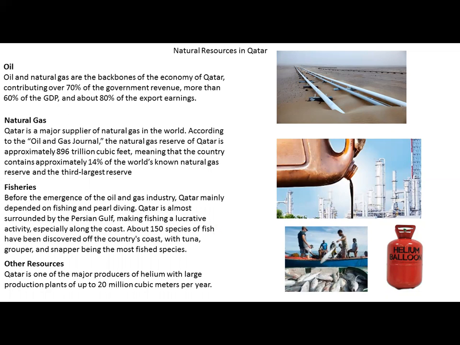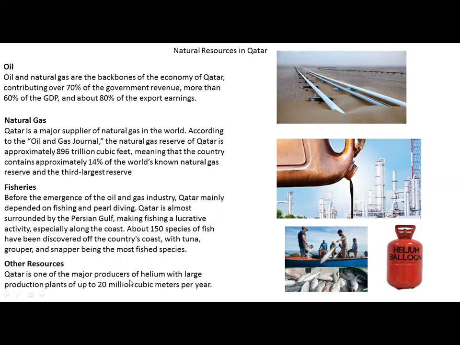In fact, there is up-to-date news that Qatar's government has promoted fishing of Qatari sea bass, and there are fish farms that are using one of the high-tech technologies in the region to produce local Qatari sea bass, right? So that's going to add to the government revenues. Other resources are helium.